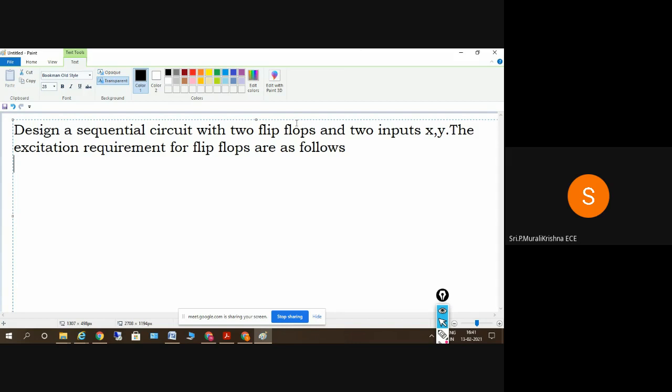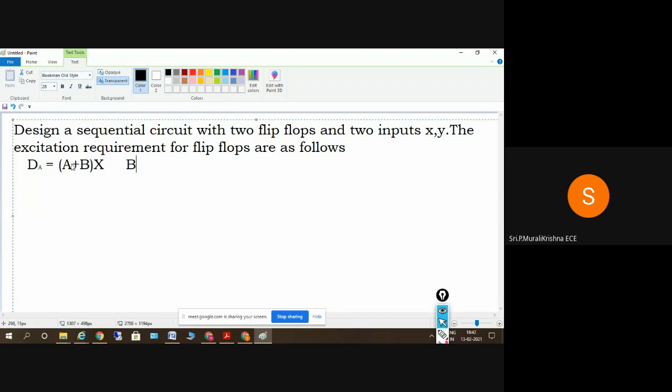Okay, so with two D flip flops. You can see the equations now. The input equations will be like this. DA is equal to A plus B into X, where X and Y are the inputs here.